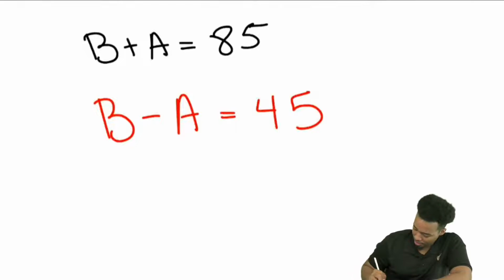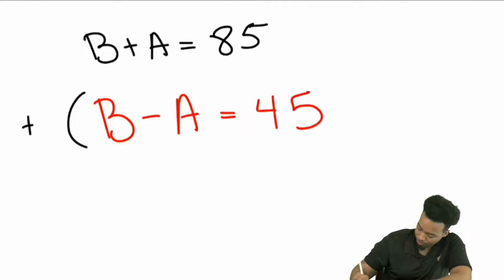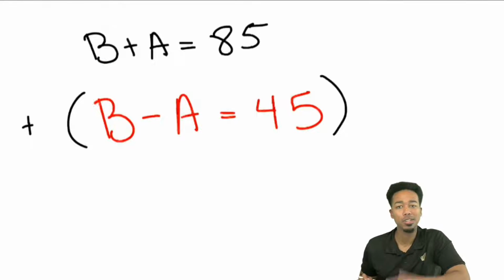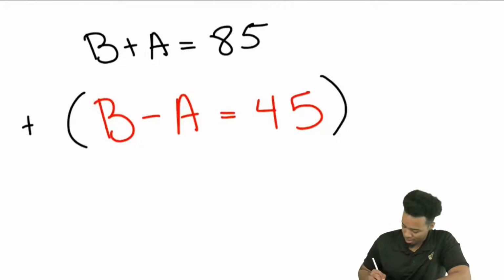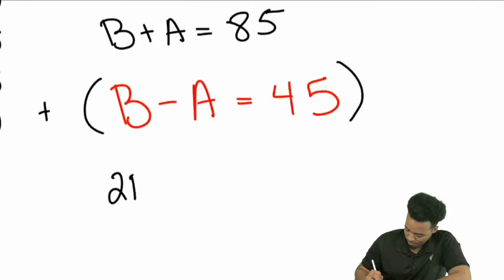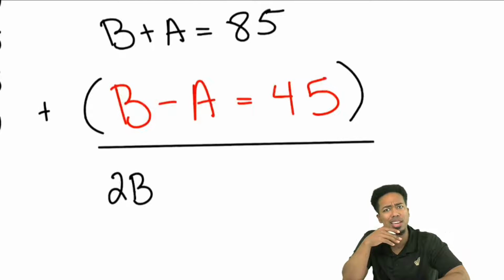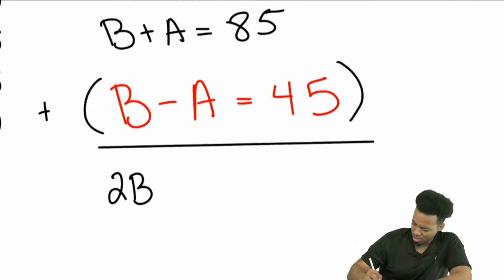Let's see what happens here. If we add these equations together, we're going to get B plus B. Everybody, what's B plus B going to be? We're going to get 2B. Perfect. And then what happens when we do a plus negative a?